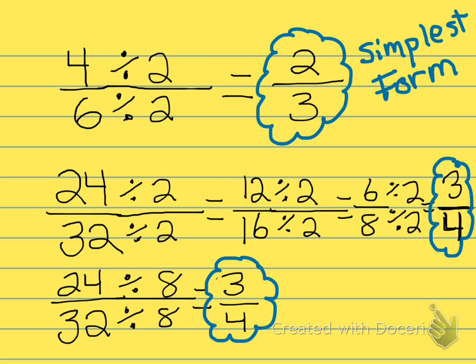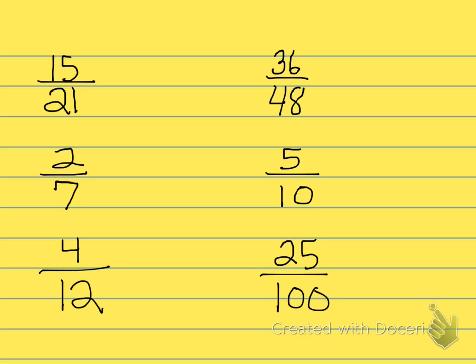Okay, let's try some more. Okay, here we go. 15/21. Well, I'm thinking of factors. Remember, factors and multiples, don't get them mixed up. What makes 15 that also makes 21 in multiplication? Well, I know 1 times 15, 3 times 5. 3 times 5 makes 15. 3 times 7 makes 21.